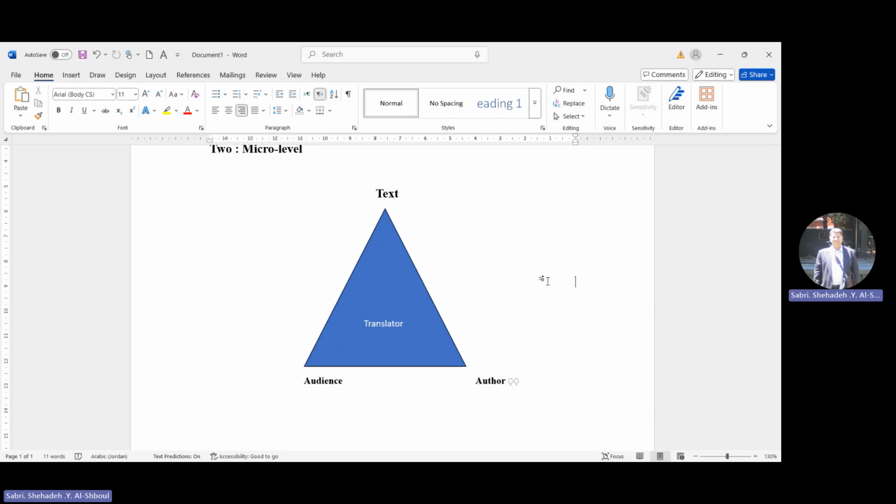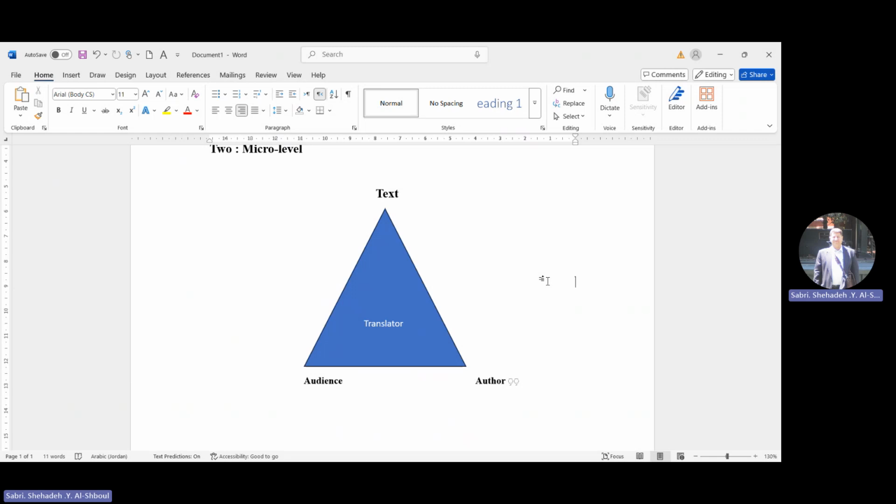So this dynamic role of the translator may be unclear or misleading if the translator is located in, say, a square. We have the four elements on the three angles, because it wouldn't give the translator the major or central role he or she is expected to play.